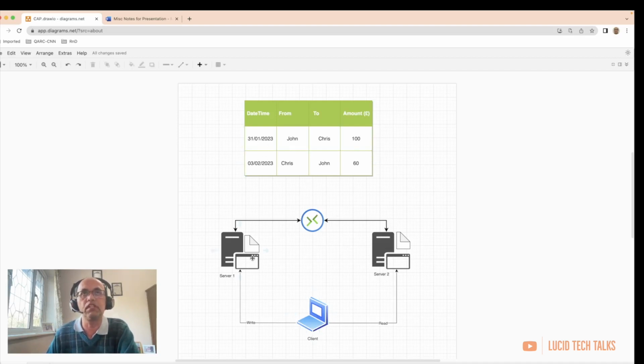Whenever a query comes in asking how much person A owes to person B, in this example how much Chris owes to John, and after these two rows are written only one is available here, your response will be that Chris owes 40 pounds to John on 3rd of Feb 23. And when you ask the same question to server 2, you could answer that Chris owes 100 pounds to John on 31st January, right?